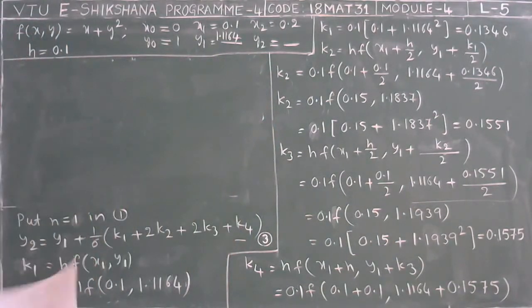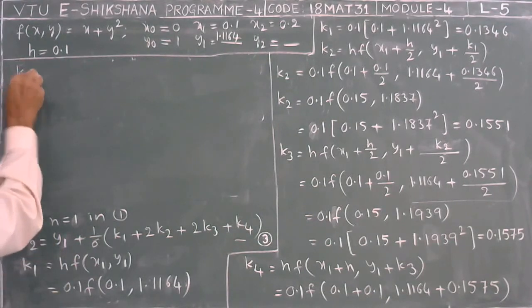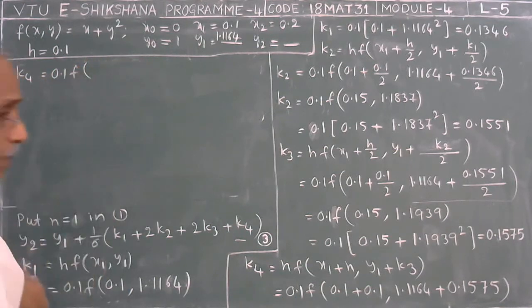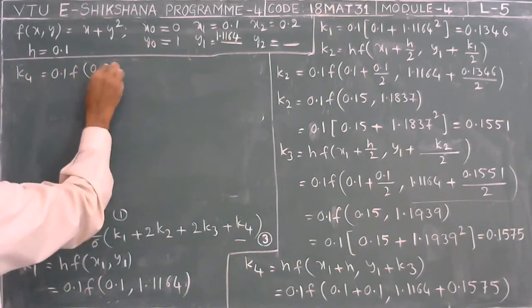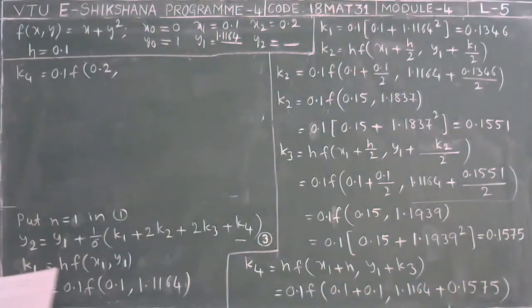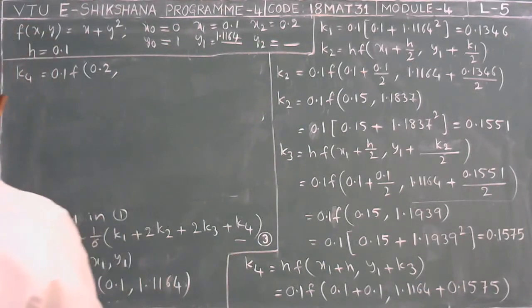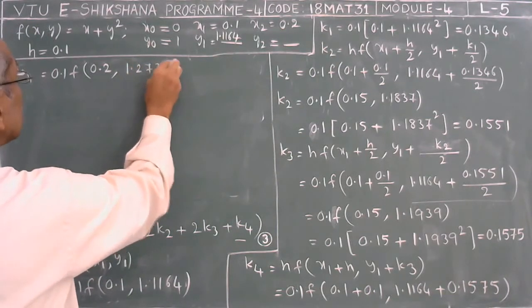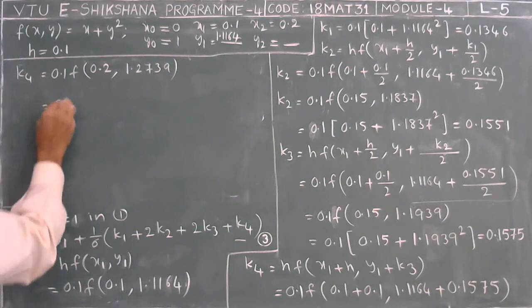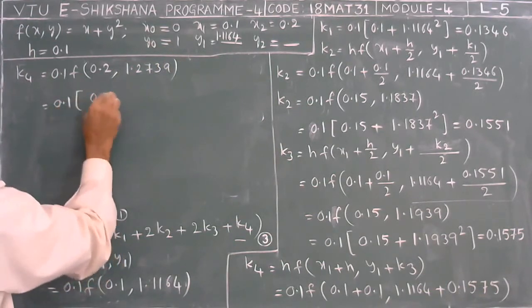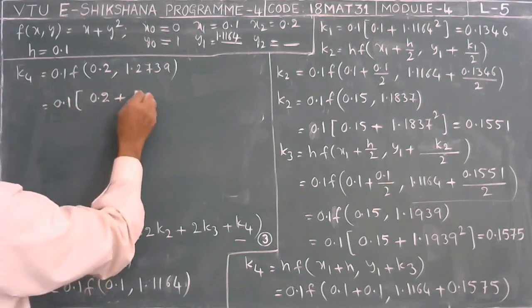Now K4 is equal to 0.1 into f of 0.1 plus 0.1 is 0.2, comma, and if you add these two, you get 1.2739. Now apply the definition, so this is 0.1 into x, 0.2, plus y square.